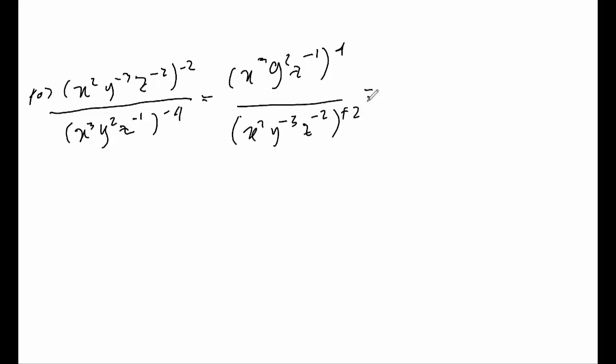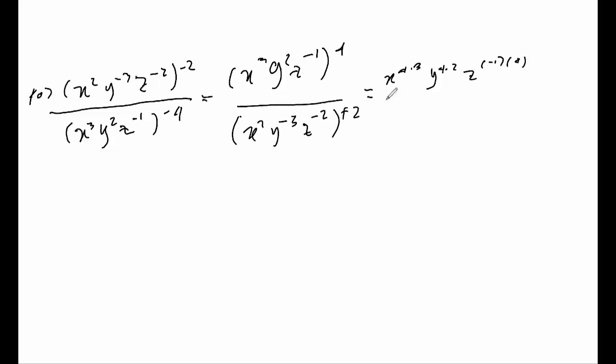So now I'm going to use my power rules. I'm going to get x to the 4th times 3, and then y to the 4th times 2, and then z to the -1 times 4.